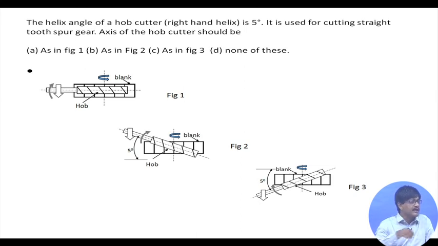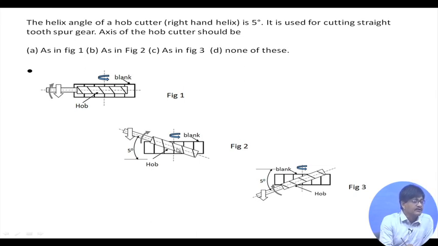So let's look at these. In this one, the axis of the hob is crossed with the axis of the blank, that means at 90 degrees. But this won't do, because the thread of the hob has to align itself in the direction of the teeth being cut. Here they will be at an angle.